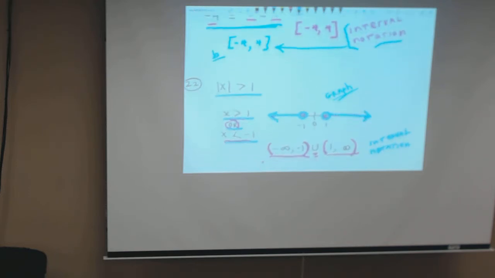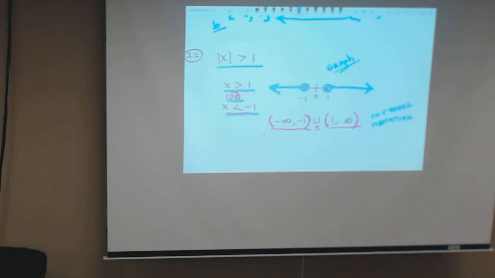And what would it be in interval notation? Now, I'm going from negative infinity to -1. So I just make my parentheses and put -1 here, and then I have to go to negative infinity, a little figure 8 turned sideways.